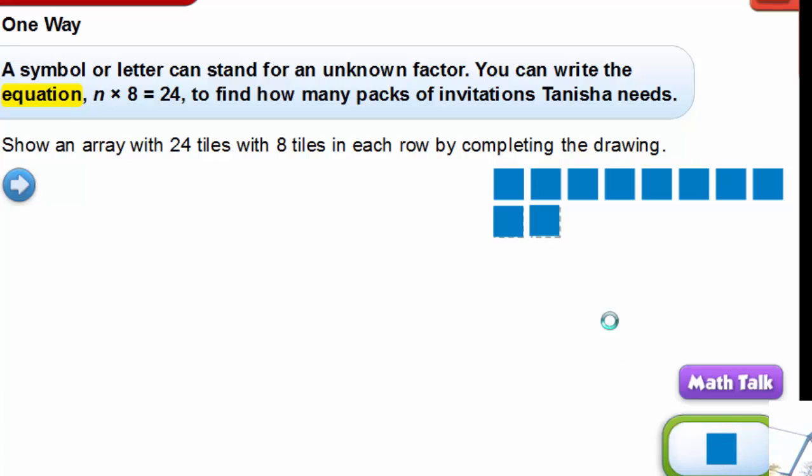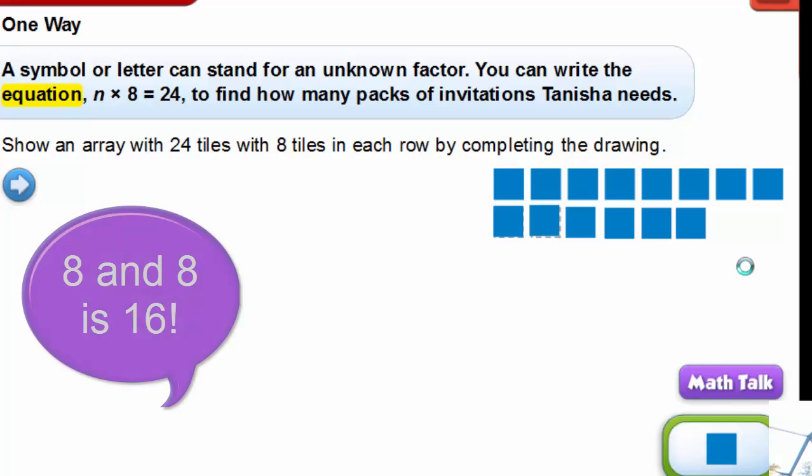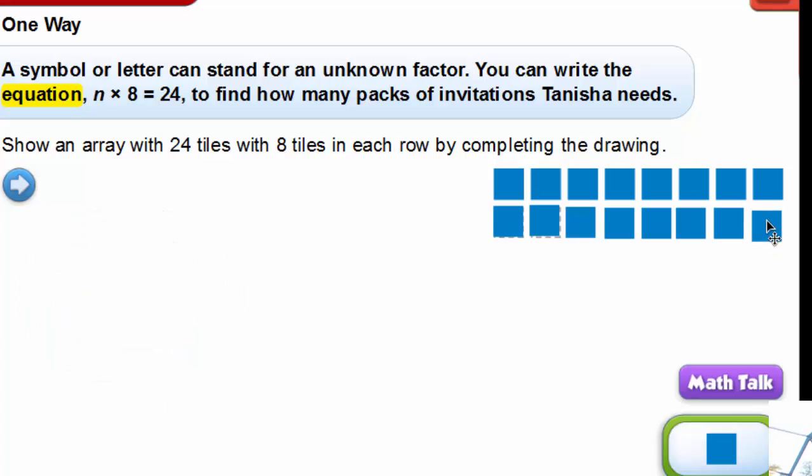We have 8 in the first row, and we're making a second row of 8. What is 8 doubled, everybody? Good, 16. There, now I've used 16, but have I used all 24? Nope, not yet. So we're going to make yet another row of 8 and see if that equals 24.